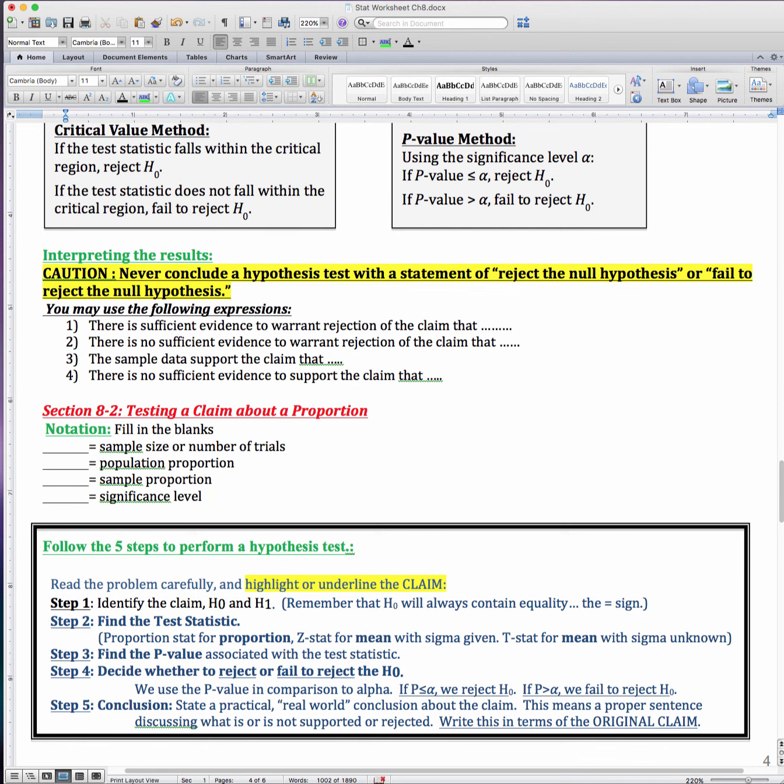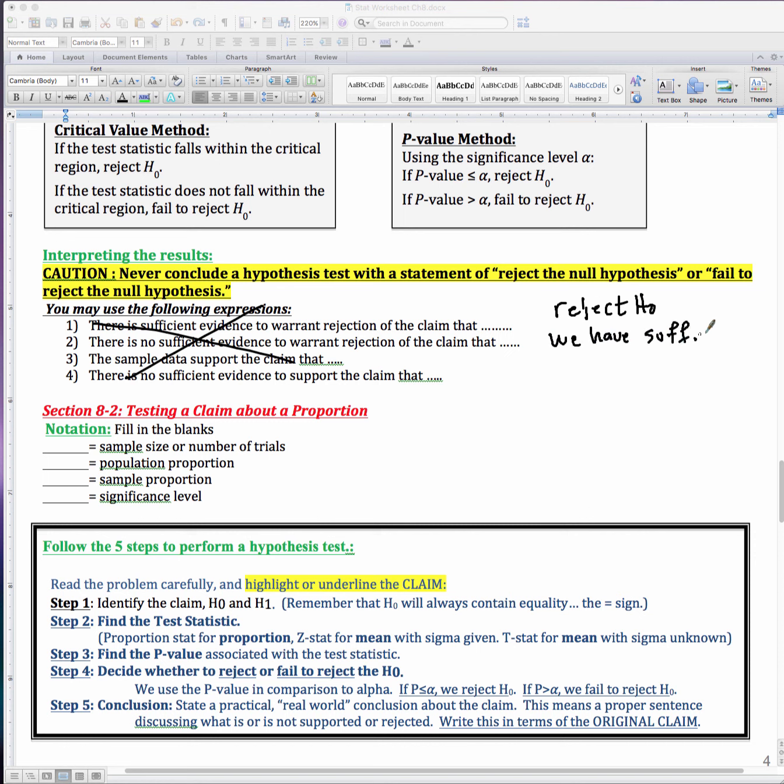Okay, now I'm going to write different ways to do it. If you reject H null, then we have sufficient evidence for H1, the alternative.